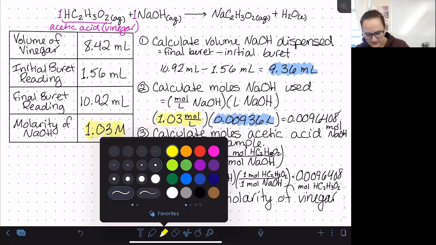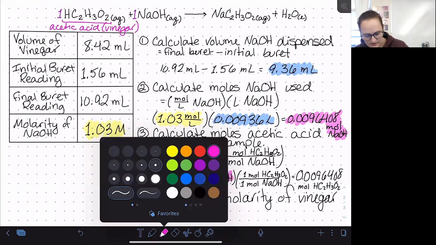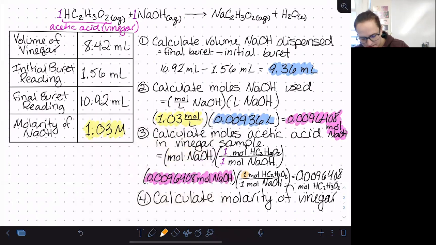In this one, we're taking the value we found back here and plugging it in along with the coefficients from our balanced reaction. We will be doing other titrations in the future, so I'm hoping this will serve as an example for titrations to come as well. Hence, I'm trying to be really clear about what numbers are coming from where.